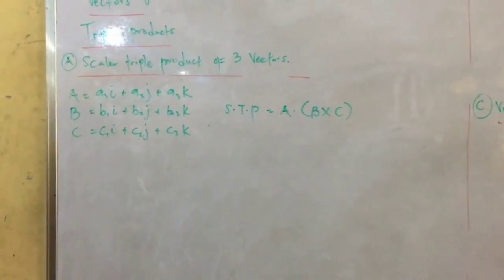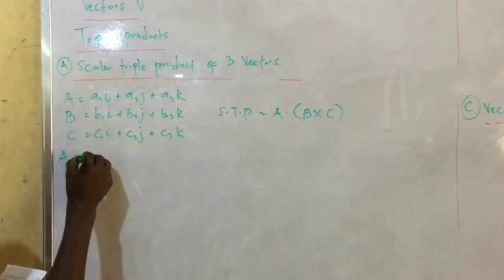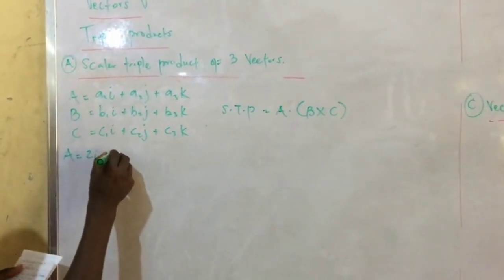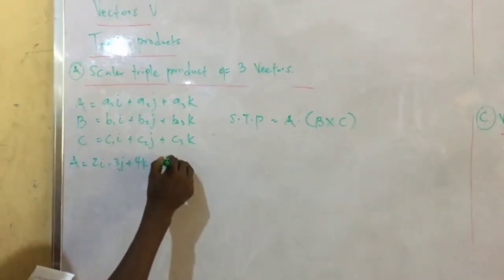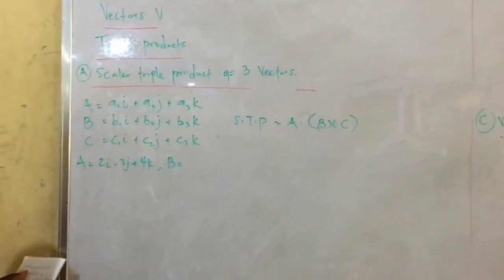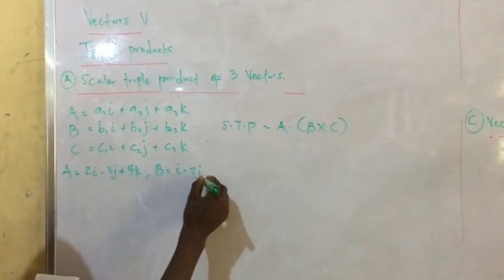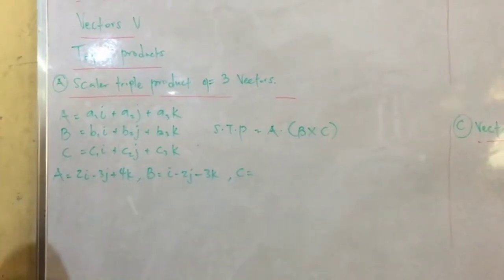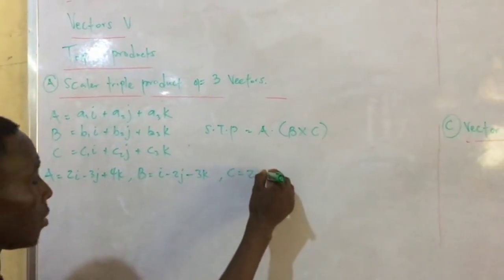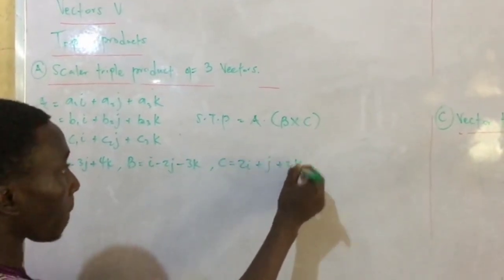So that's the basic explanation for this. Let's take an example briefly. We have A equals 2I minus 3J plus 4K, B as I minus 2J minus 3K, and C as 2I plus J plus 2K.